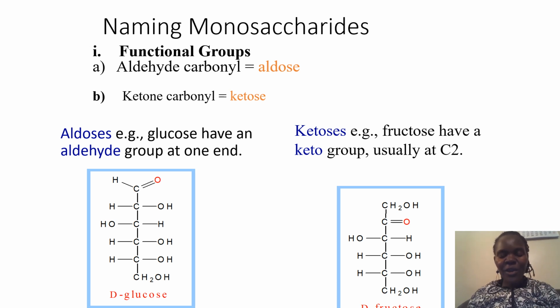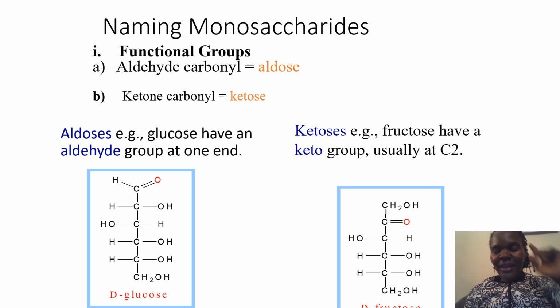Let's see how we are going to draw it in a linear form. When you want to draw D-glucose, for example, remember naming of a monosaccharide depends on two criteria. One, the number of carbon atoms in the main skeleton. For glucose, it is 6 carbon atoms. So you draw the 6 carbons, 1, 2, 3, 4, 5, and the 6th one.